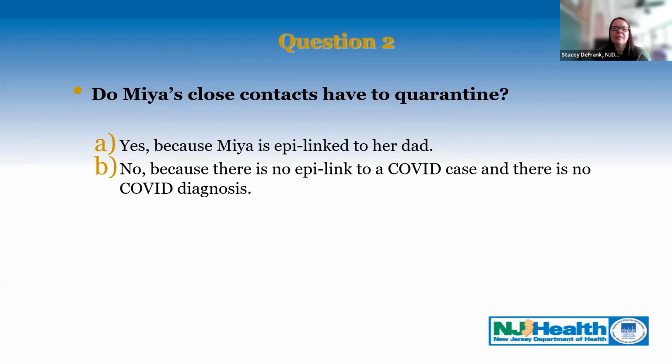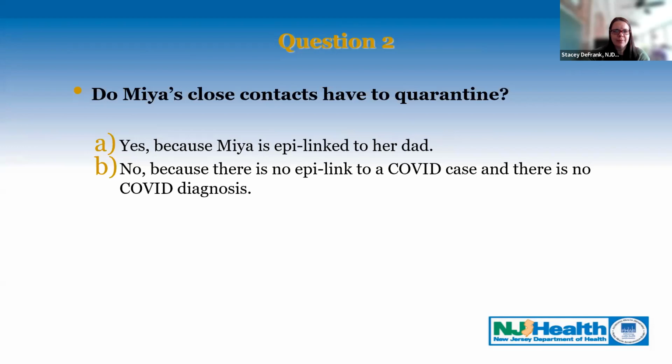All right, so this is pretty close, answering yes and no. And the answer is actually A, yes, because Maya has a known household exposure, which is her dad, and she is symptomatic, her close contacts will have to quarantine.